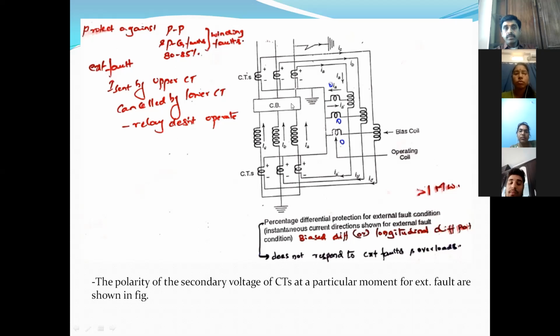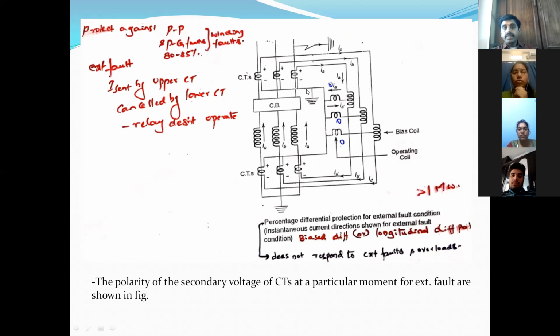Then what happens? The current entering is equal to current leaving. Therefore, IA is the current entering, and this current is going in this direction. And let us say the same IA is going in this direction. So if you see this relay operating coil, the IA enters in this direction, and the IA goes in this direction.